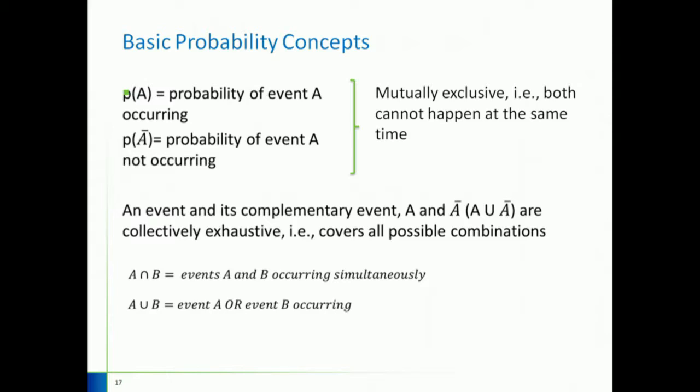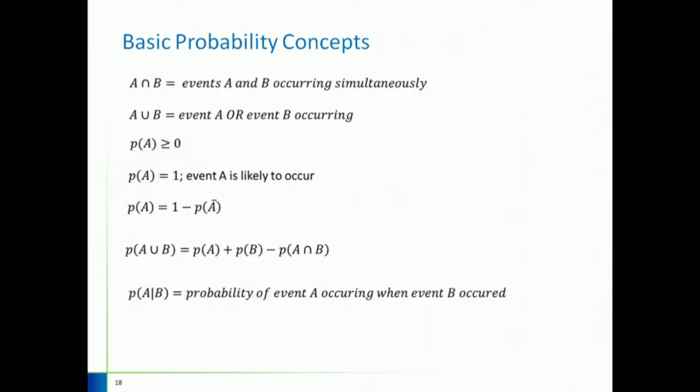And the complementary of event A is 1 minus probability of A. So that's simple, I hope. And probability of A or B is equal to probability of A plus probability of B minus probability of A and B. This is really important.